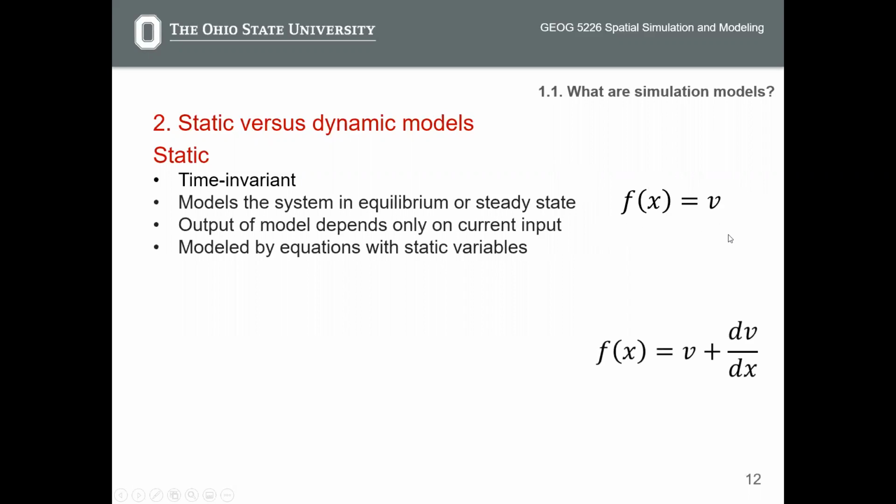But what if the speed of your car changes by time? At the very beginning, you have a speed of v, and this v changes by time. x is time. So if your speed changes by time, then this function changes from v to v plus the change of your speed by time.